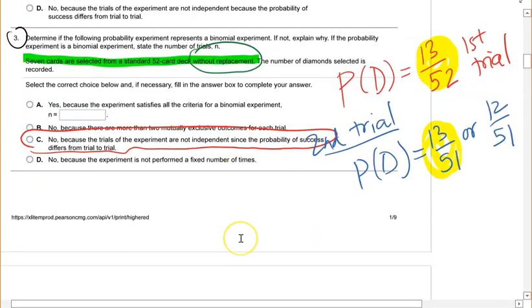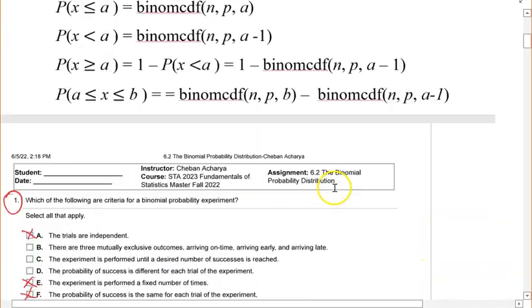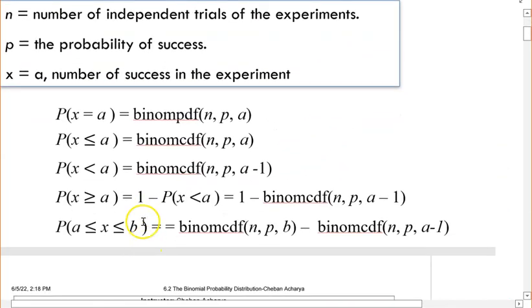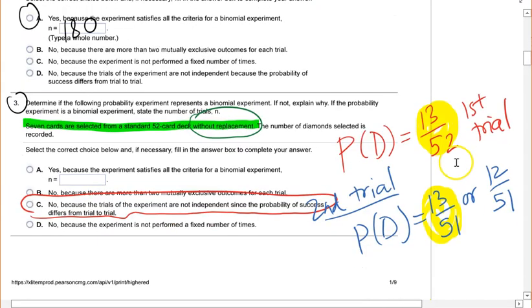Since you are looking for the probability of X greater than or equal to 8, you're using 1 minus binomCDF(n, p, a minus 1). Let me write this down here: 1 minus binomCDF(n, p, a minus 1). Okay, that's what you're using.